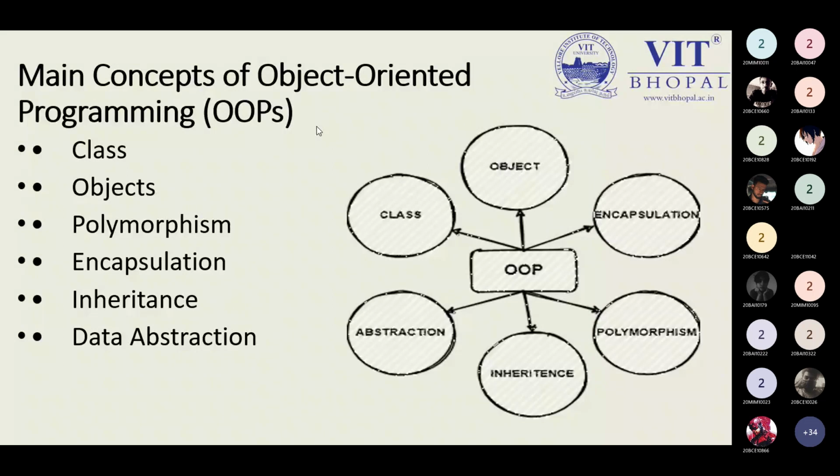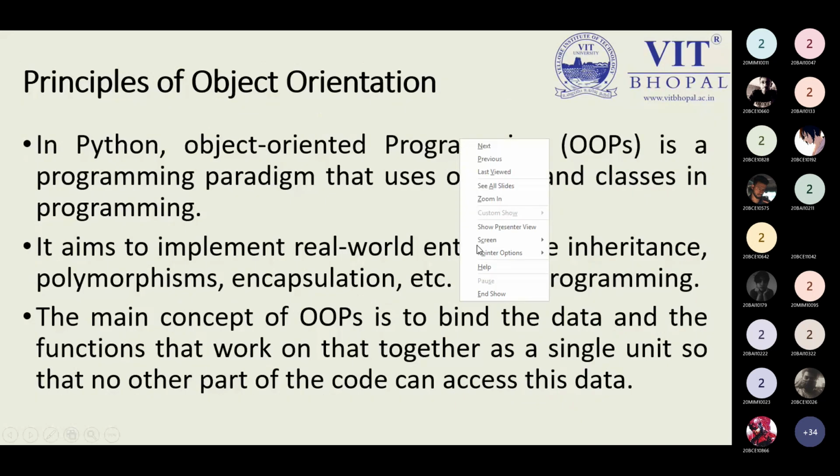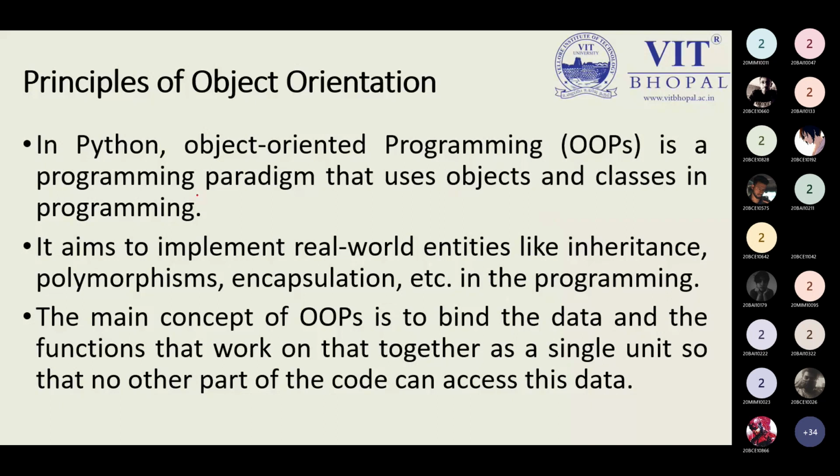Data abstraction can also be implemented by the most important feature in the object oriented environment, that is a class. Class is the main important concept to understand object oriented programming. That's why, if you remember the slide, what I have written, just let me highlight: programming that uses objects and classes. So class is the more important concept, and to access the properties of the class, we need an object.